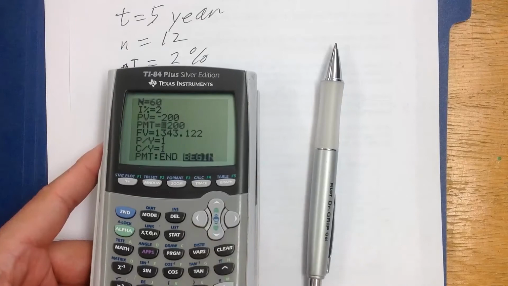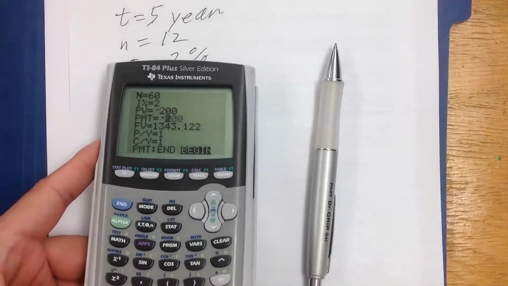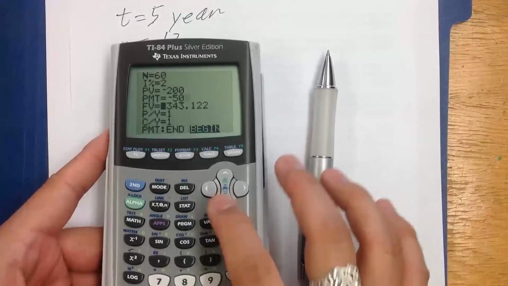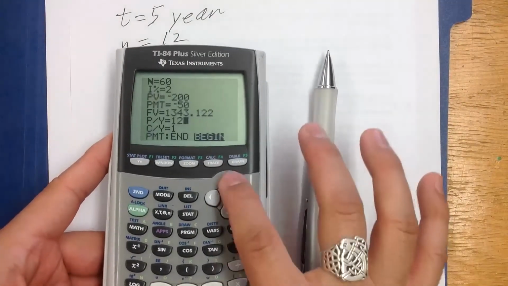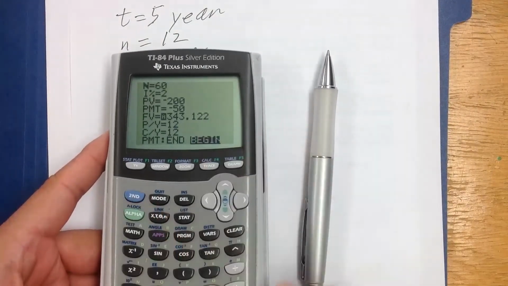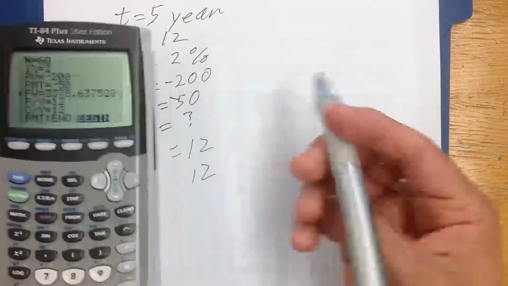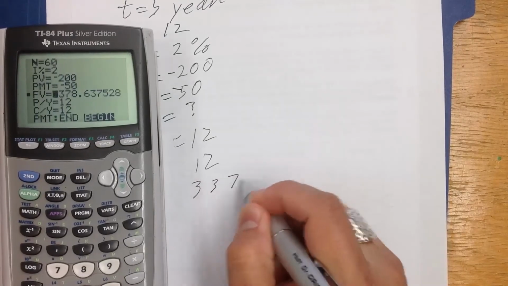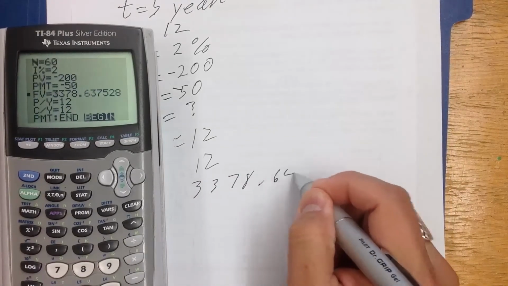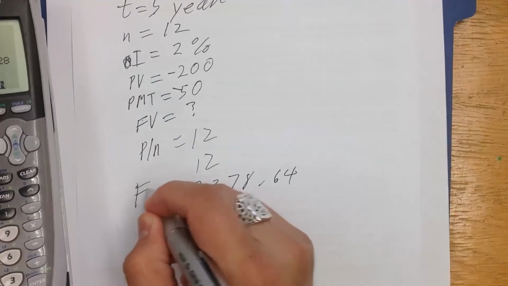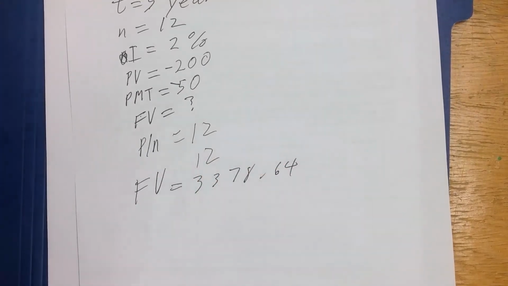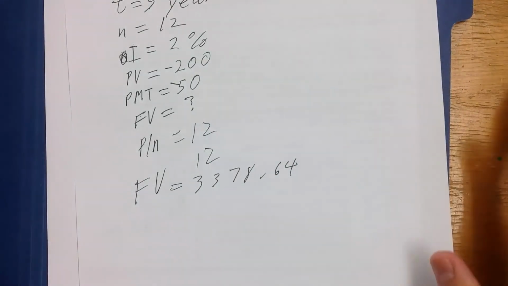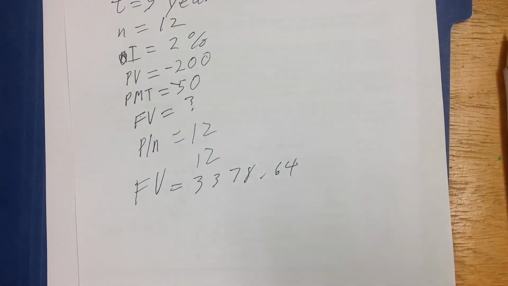We're putting in as an initial, and the payment is going to be negative $50. Really should put negative right there. I'm going to find that out. This is both 12. So then we go alpha, enter. And you can see in only 5 years we got $3,378.64. That's our FV. And you can see it's quite easy to go ahead and do this. Make sure that this is always set to begin. Otherwise you're going to end up with problems. See ya.